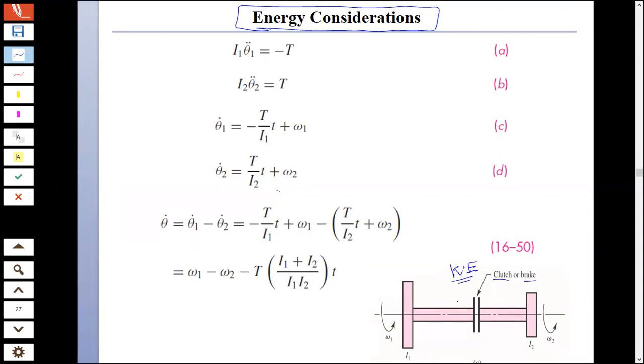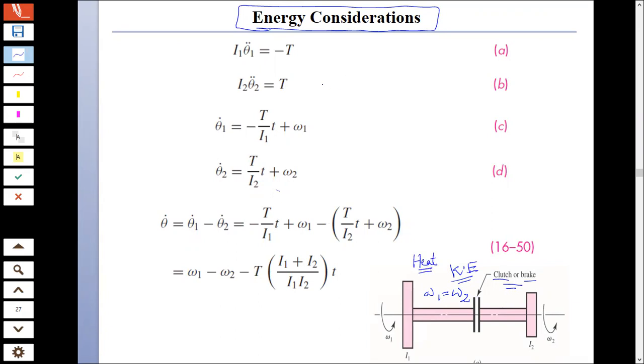If it is a clutch, in order to have omega 1 equal to omega 2, again there is some kinetic energy that needs to be absorbed. And in the case of a brake or a clutch, this energy appears in the form of heat in the brake or in the clutch, right?